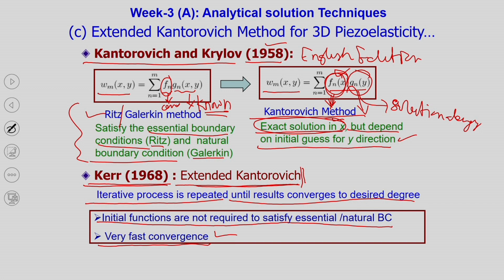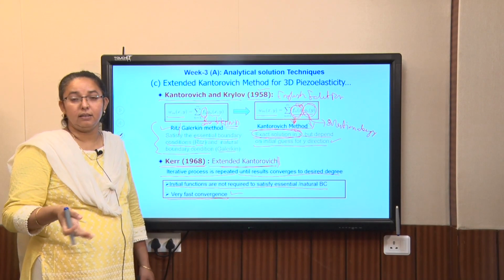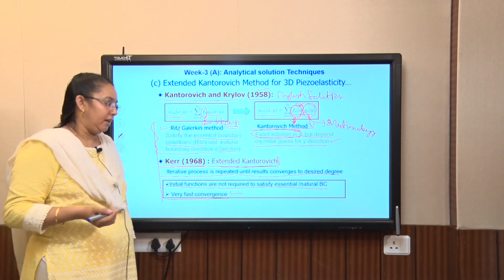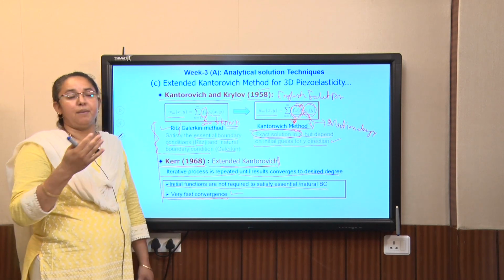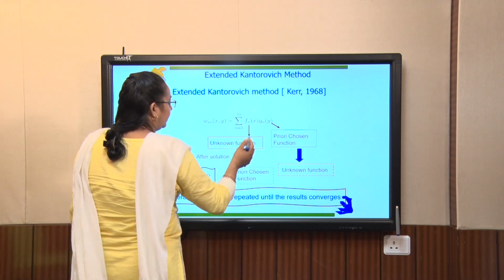After 1968 onward, this method has been applied to study various kinds of plates and shells under different boundary conditions and loading, static, dynamic, buckling, transient, and recently we have further extended it to the 3-dimensional case in our recent paper, if you see that.